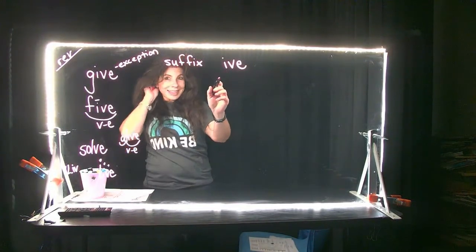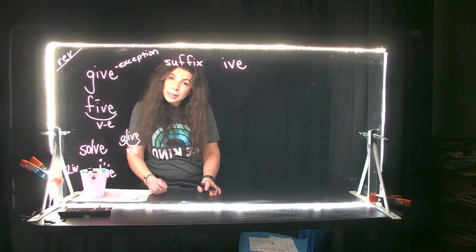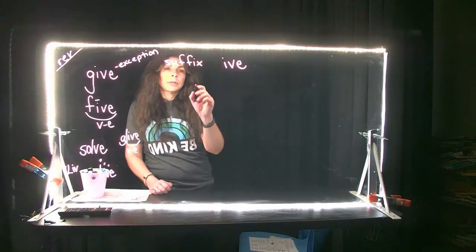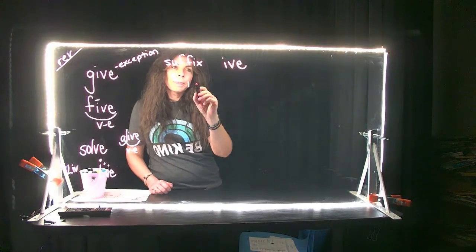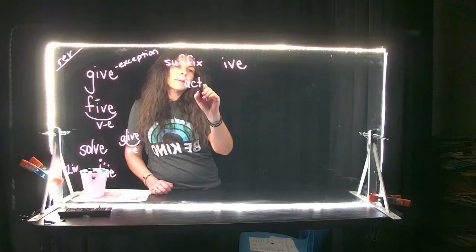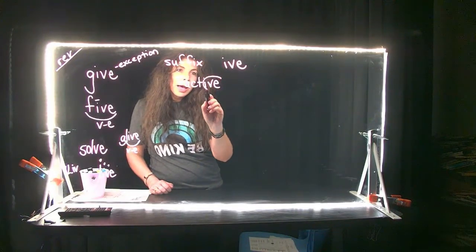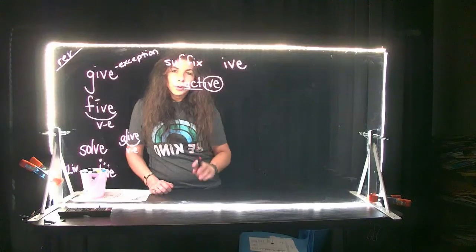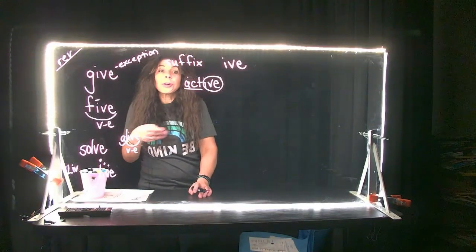The suffix iv is different. So the suffix iv can be added to a word. So take, for example, the word active. If you are active, act is your base word, iv, you are acting a lot. You're jumping around. You're in action.